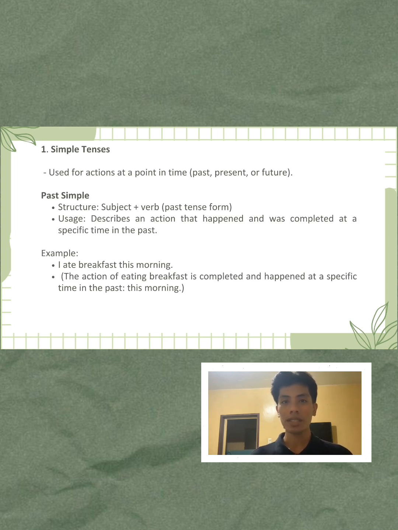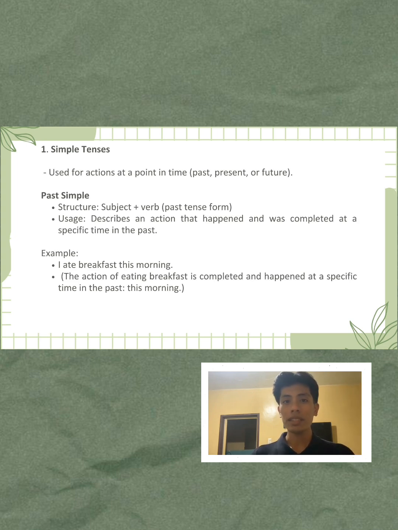Simple tenses are used for actions at a point in time, whether in the past, in the present, or in the future. In its past simple form, the structure is subject plus verb, and take note that the verb must be in the past tense form. What is its usage?